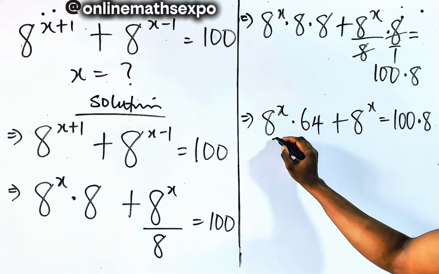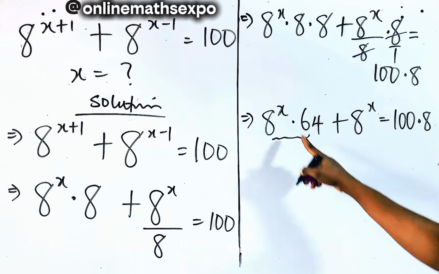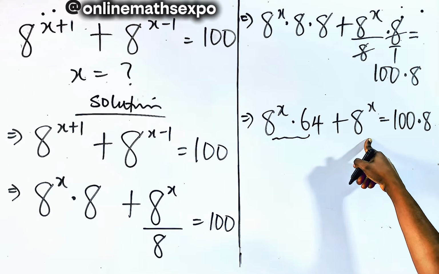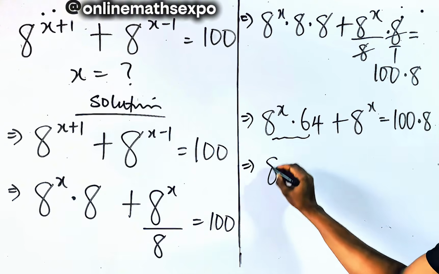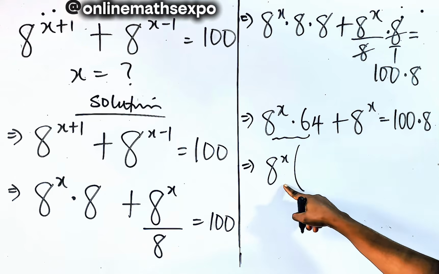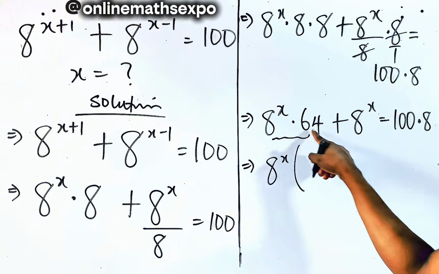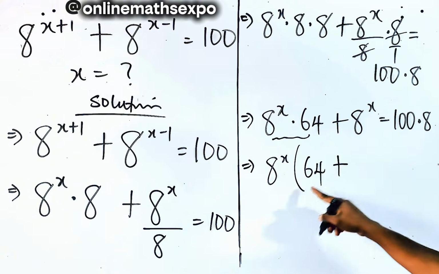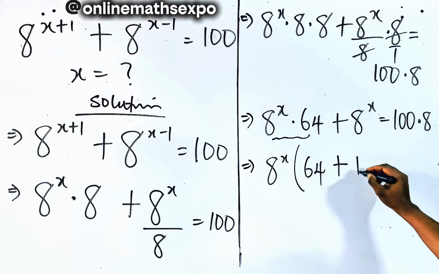So what do you observe? Remember that these two are together, and you observe that a to the power of x is common in these two parts. So you are free to factor out. If you do that, you have a to the power of x, factor it out, use it to divide these two, you are left with 64. Bring down your addition sign, use it to divide this, it gives you 1.